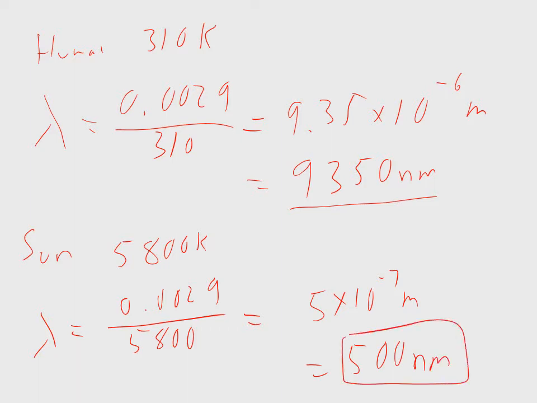Now, what's the range of colors that you see? 400 to 700. The way your eye works, you actually see the same number of colors between 400 and 500 as you do between 500 and 700. So 500 nanometers turns out to be right in the middle of your visual acuity.